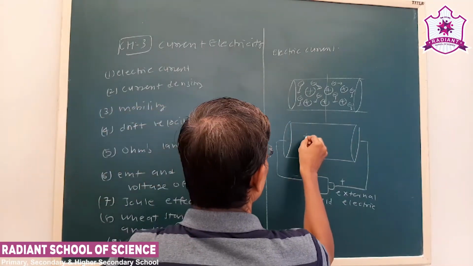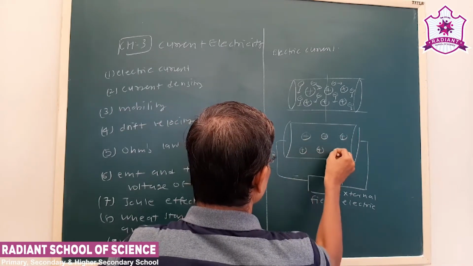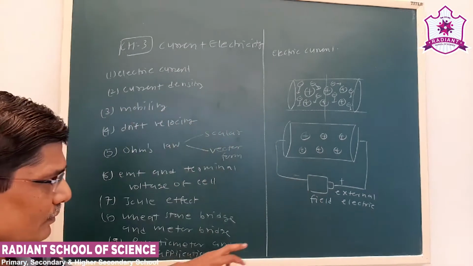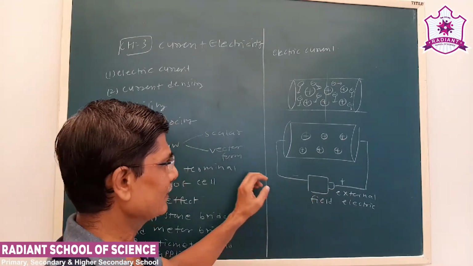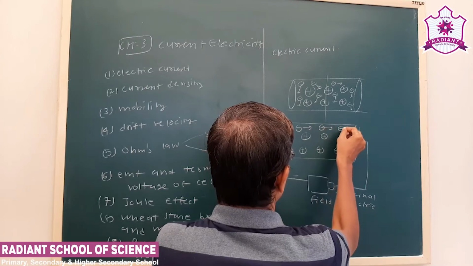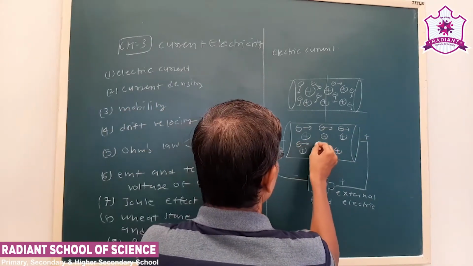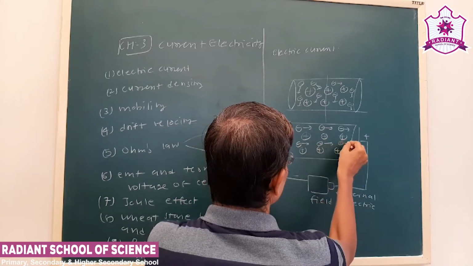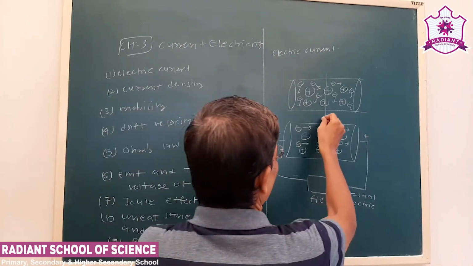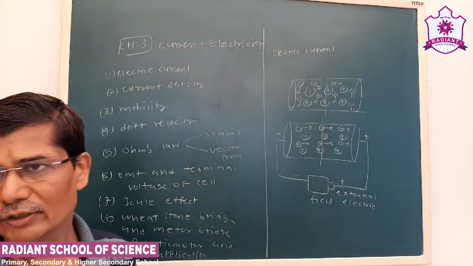Again the positive charges are in a fixed condition, that is, lattice condition. This is the positive terminal of the battery and this is the negative. Because of the attractive force, electrons will move in the same direction. So now if I consider a cross section, there is a unidirectional flow.